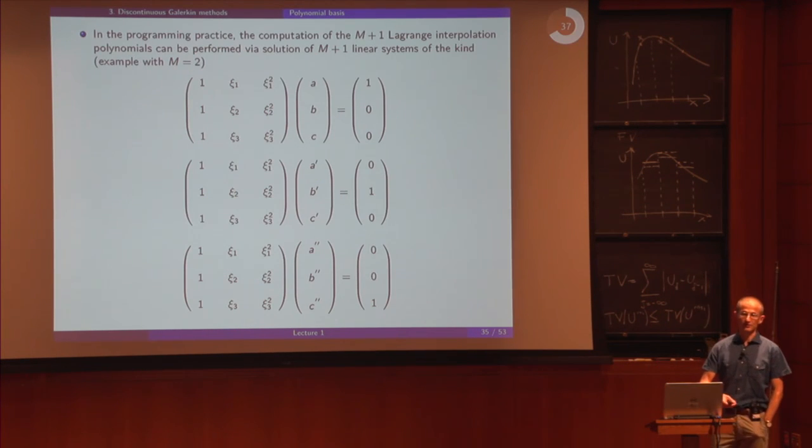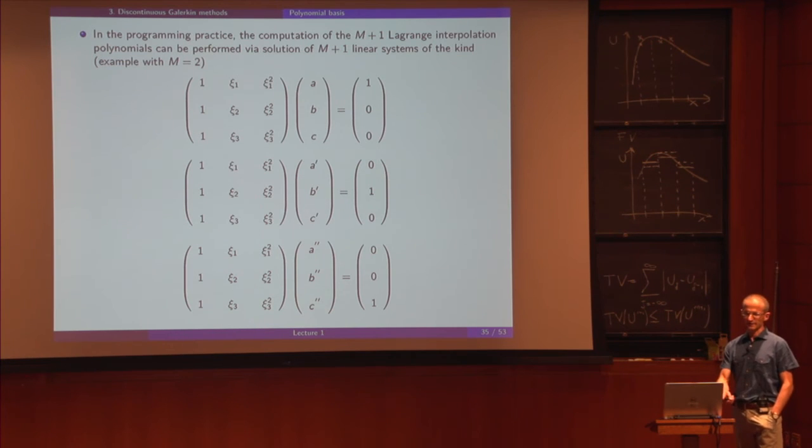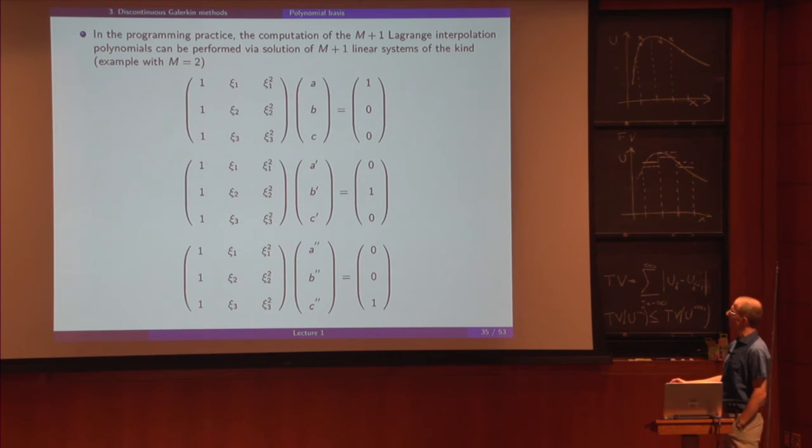In programming practice, you can either implement directly the Lagrange interpolation, or maybe even more conveniently, you can do it in this way. Let's take this example with m equal 2. So we have parabolas again. We have 3 parabolas with coefficients a, b, c, a prime, b prime, c prime, a second, b second, c second. And so you see the condition here.